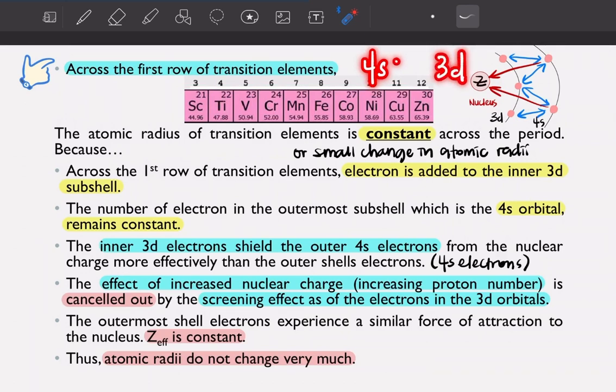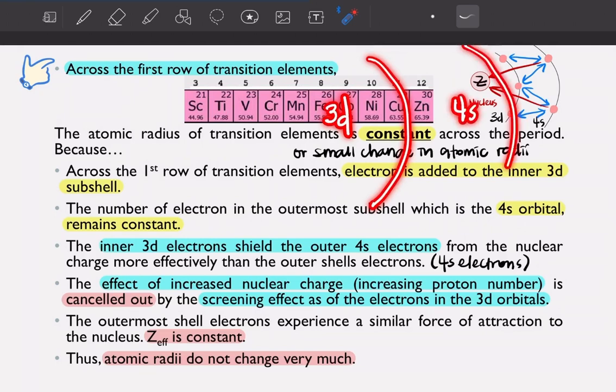Okay, tapi awak punya 4s ni still dekat luar, faham tak? So you have 3d, and you have 4s. Tapi according to Aufbau, you will fill in this orbital first, isi elektron dalam tu, and then baru isi elektron dalam 3d orbital, betul tak?